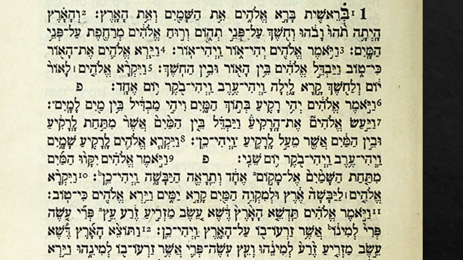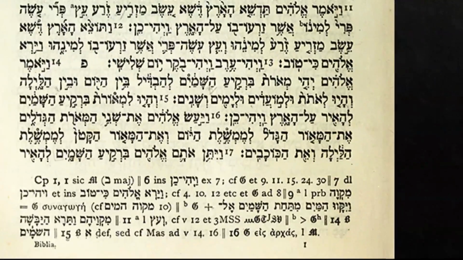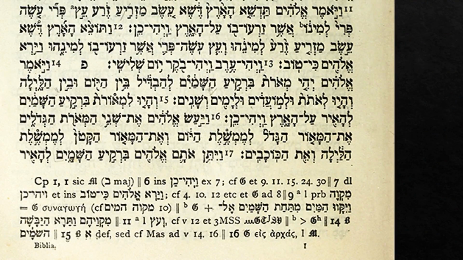And you can see at the very bottom of the page, he's got this apparatus, or as I mentioned before, footnotes that are showing different readings from different texts. And the Gothic font G there stands for the Septuagint, or the Greek text. The fancy M, the Gothic M, is the Masoretic text. There's a squiggly M that represents the Samaritan Pentateuch. I don't know if you can spot that, but that's where he's giving us all this different information.